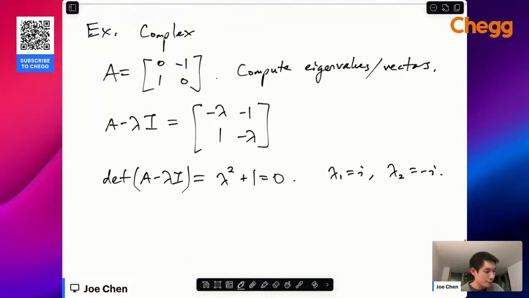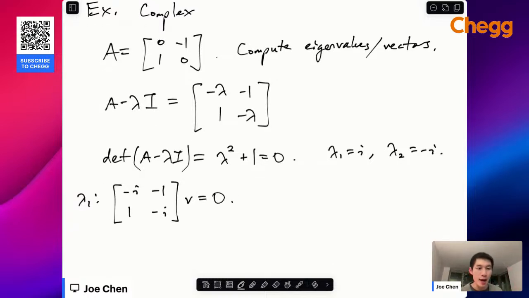And then we plug it in. For lambda 1, we get minus i, minus 1, 1, minus i. And I want a vector v such that this is equal to 0. So that will give me my eigenvector.